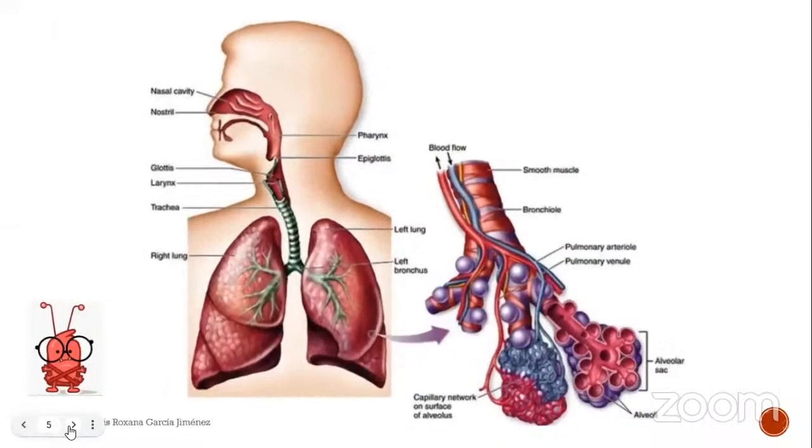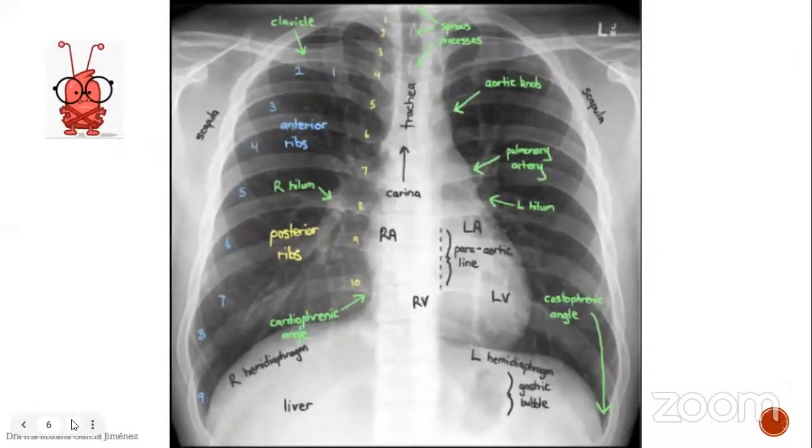Here we have a very easy picture, I think, again, for checking. It's for you, self-study. And now the next ones, thorax X-rays, showing you just how to identify the structures and write down in English the name of them.